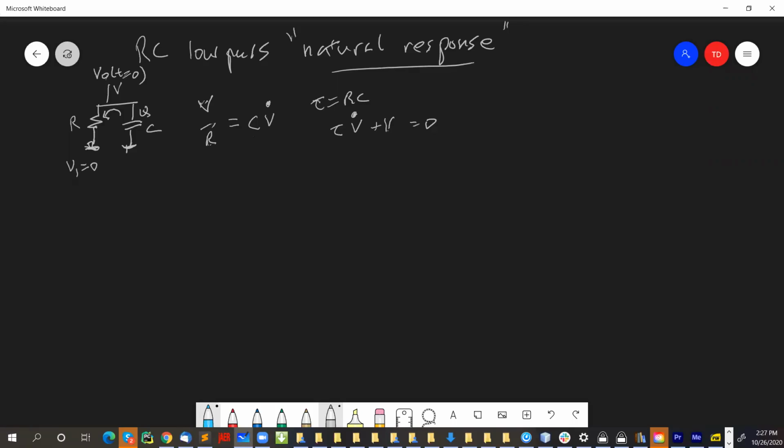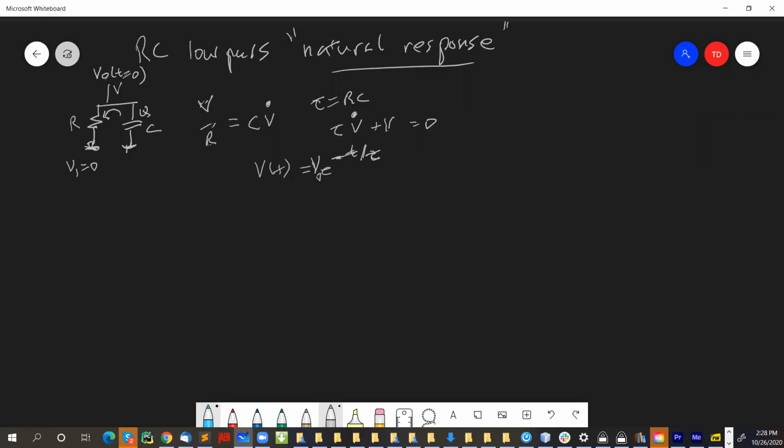So we'll just guess that V of t is equal to e to the minus t over tau times V0. That's an exponential decay, and you have to end up with a dimensionless thing up there.